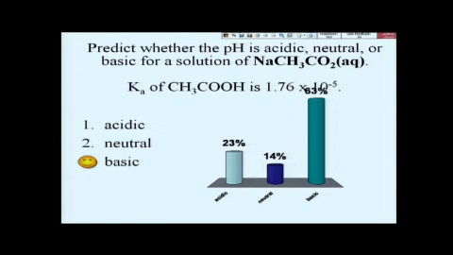So if we go to my presentation here, we can break this up into Na plus and CH3COO minus. Is Na plus a conjugate acid of a weak base? Is that going to be acidic?